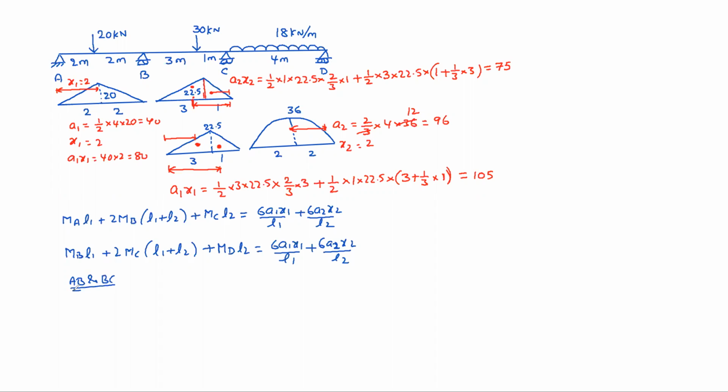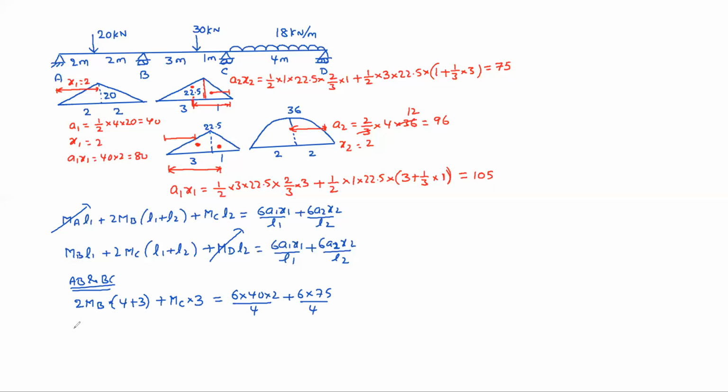AB and BC spans, if you consider, then of course MA is 0. Here also, if you consider this one, MD is 0. 2MB (L1 plus L2, 4 plus 3) plus MC L2, MC into L2 is 3, equals 6 A1 x1, 40 into 2, by L1 4, plus 6 A2 x2, 75, by L2 4.